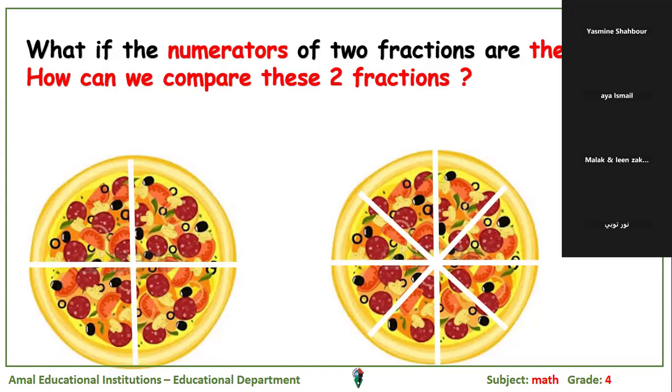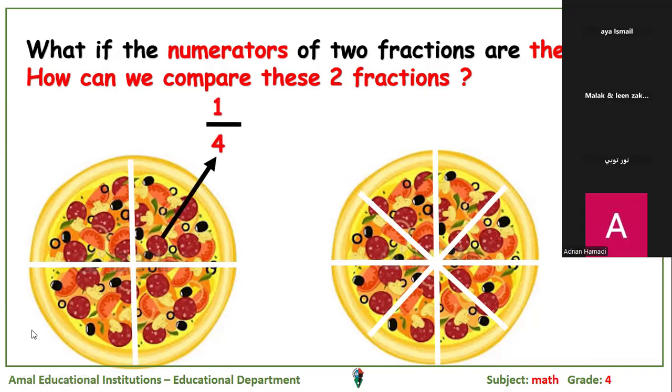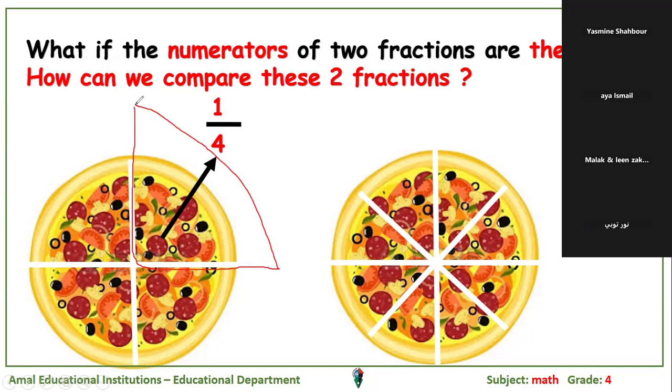In the first example, each piece represents 1/4. Look at the piece here. This is the 1/4.